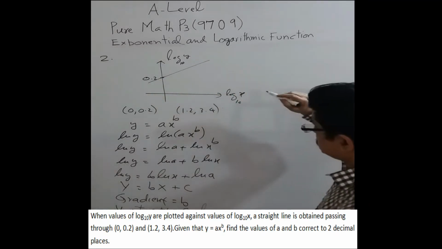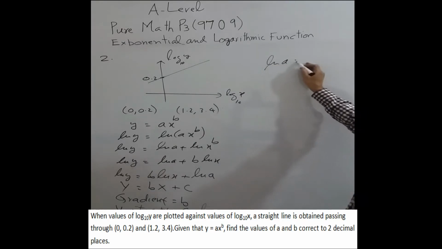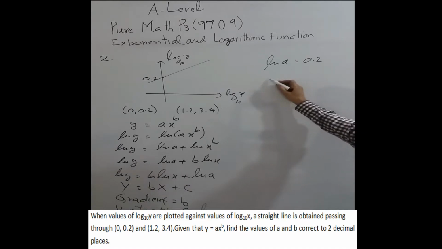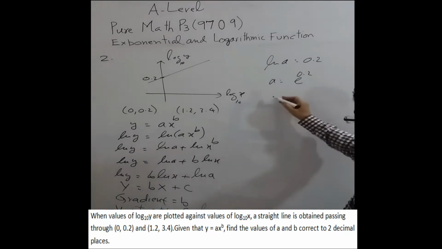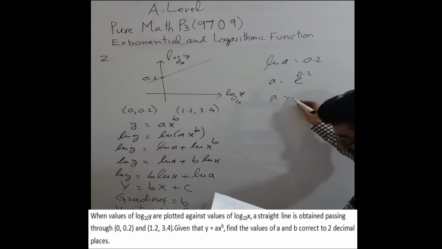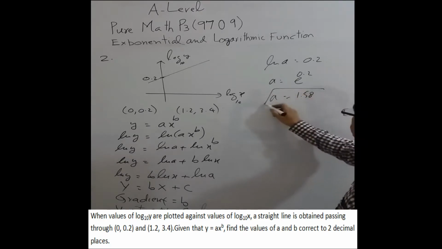So the y-intercept is 0.2. Y-intercept is ln a. So ln a is equal to 0.2. From here you can convert it into the exponential form. So your a will be e raised to the power 0.2. Now if you use calculator, you will get the answer to be 5.8.